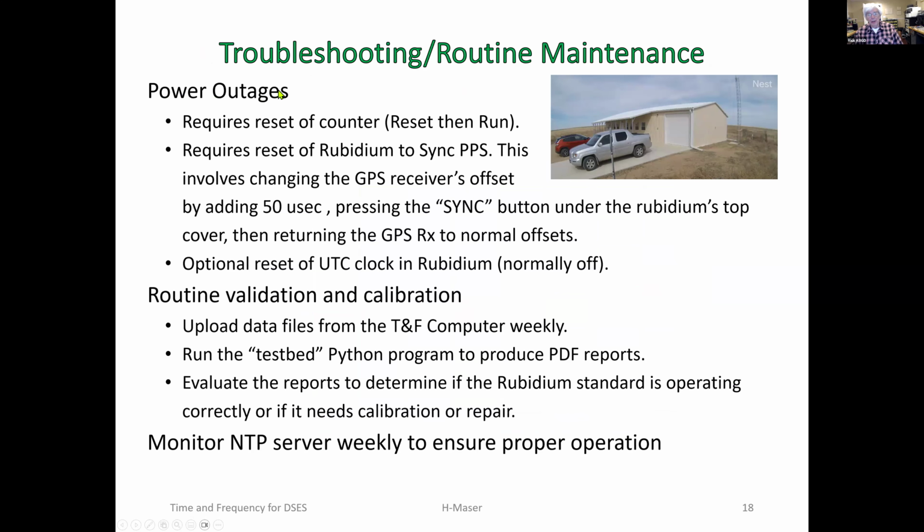Power outage is our biggest concern, and we do have a UPS, and the UPS will keep the system running through short power outages of maybe tens of minutes, but we routinely have longer power outages than that, and unfortunately, we must reset the counter and the rubidium after a power outage that exceeds the UPS's. That means a trip to Haswell.